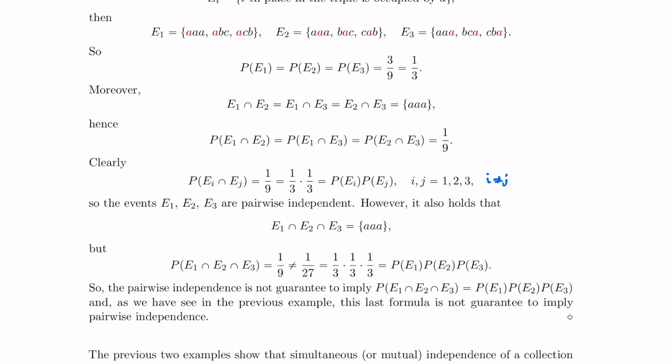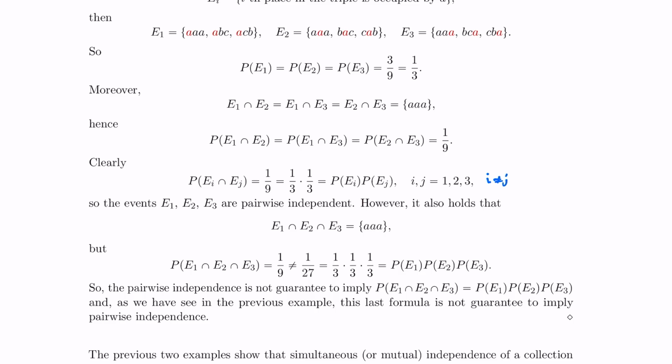So the lesson we learn is that pairwise independence doesn't imply this relation here. And in the previous example, we have seen that this relation doesn't imply pairwise independence. This means that we cannot take one relation or the other as a sufficient condition of statistical independence among 3 events, and we must consider both.